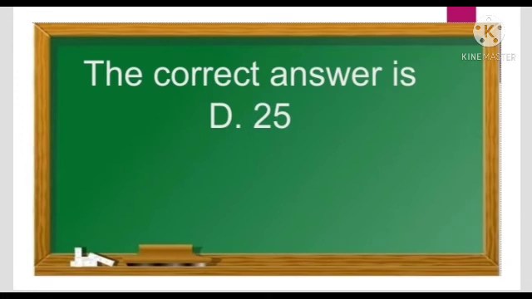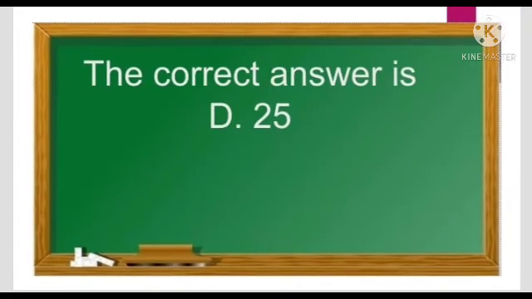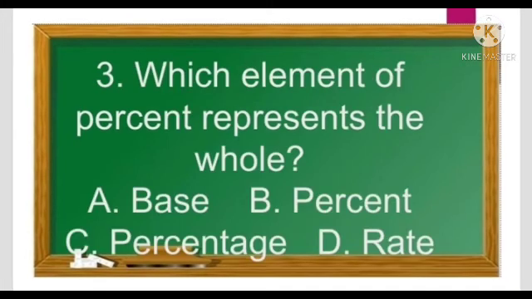Why? Because 25 is a whole number. A has a percent sign, B is expressed in fraction form, and C is expressed in ratio form. Letters A, B, and C are expressed in rate. Another point for those who got the correct answer.